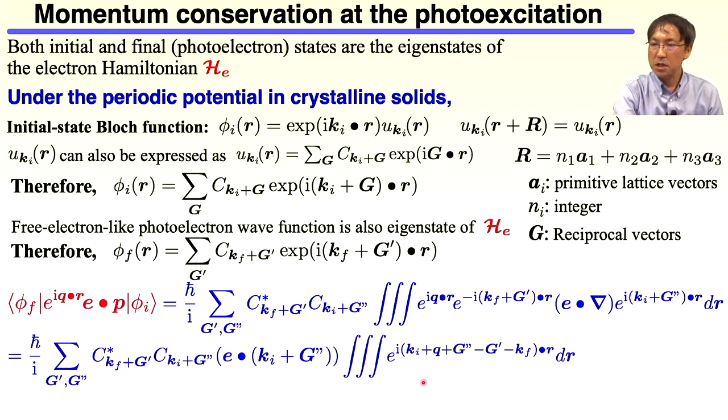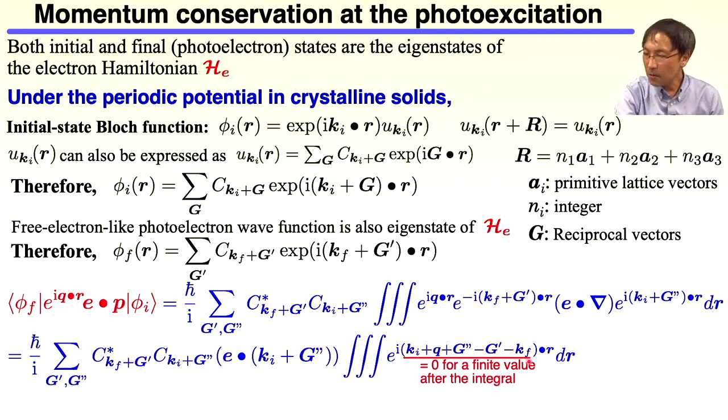Therefore, this formula is also rewritten as this formulation. We notice that the integral of the exponential function over the space becomes 0 when the exponential is like a plane wave. In order to get a non-zero value of the transition probability, this part in the exponential function must be 0.